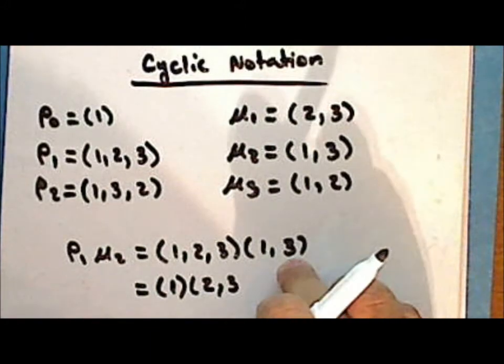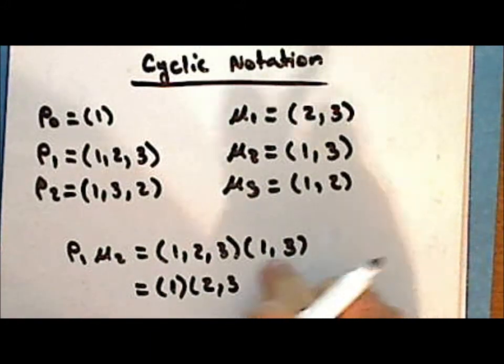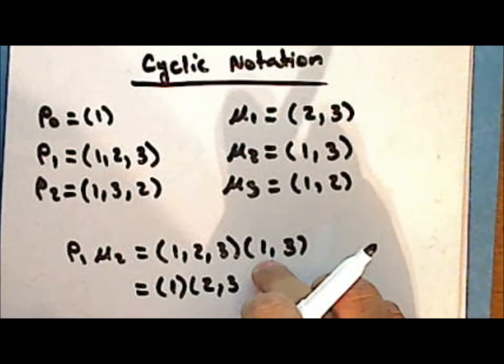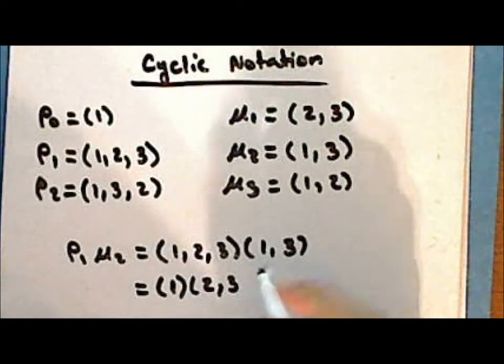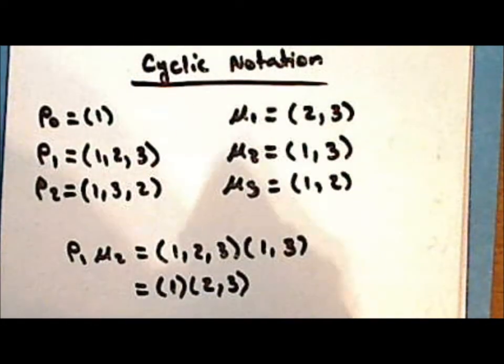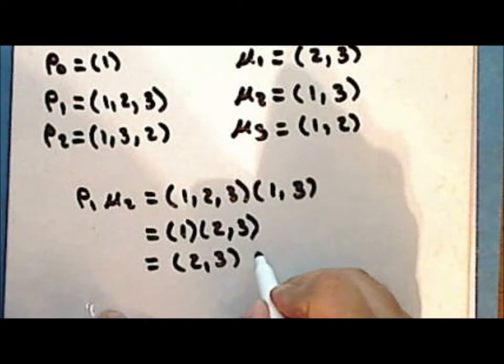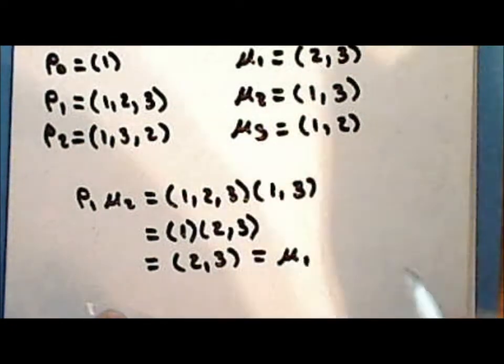So we start with the element 3. 3 is mapped onto 1 in the first map, which in turn is mapped onto 2, and so that completes the cycle. And so this is the cycle 2 to 3 back to 2, and this is the map mu sub 1.